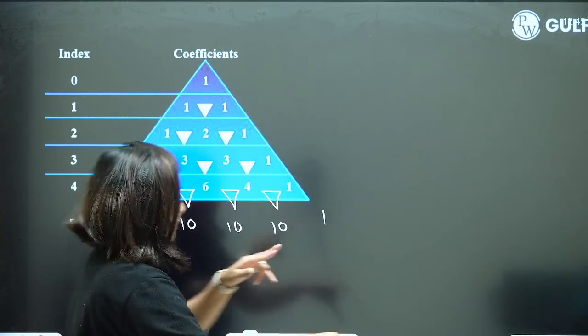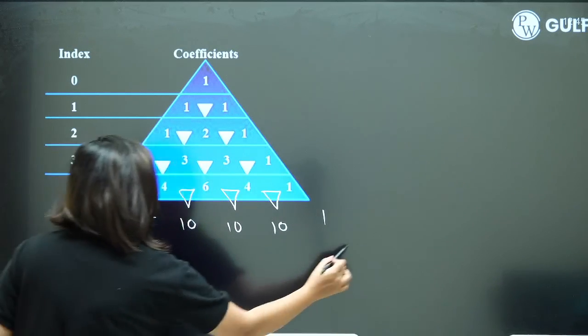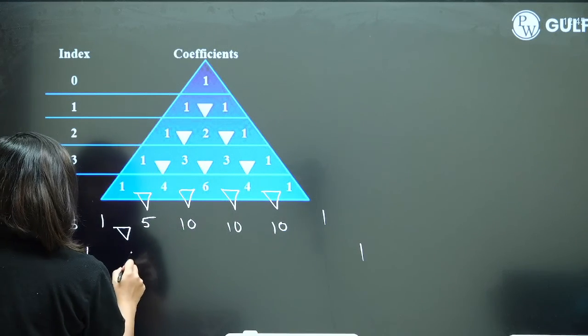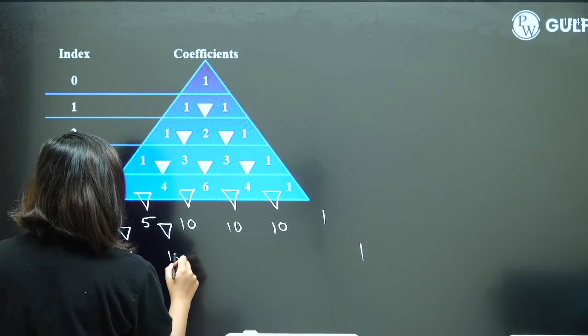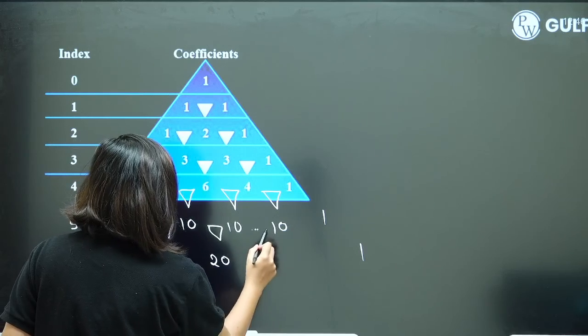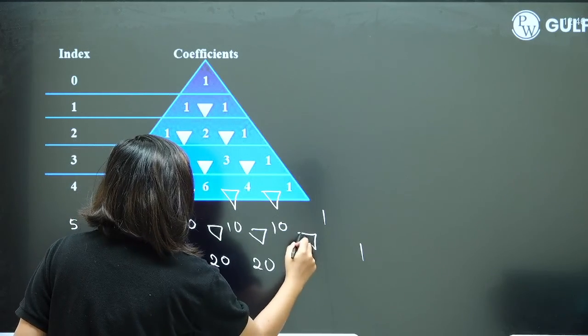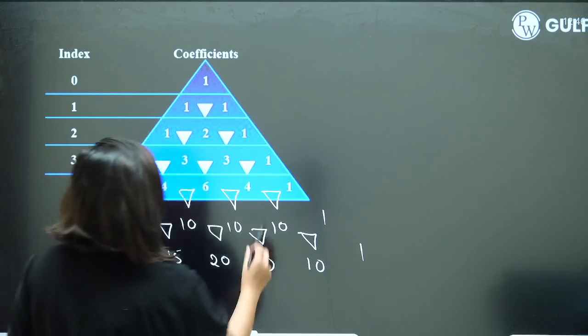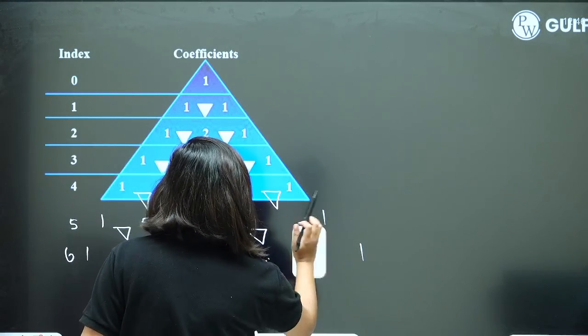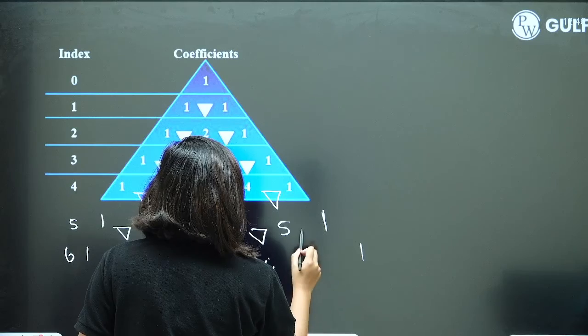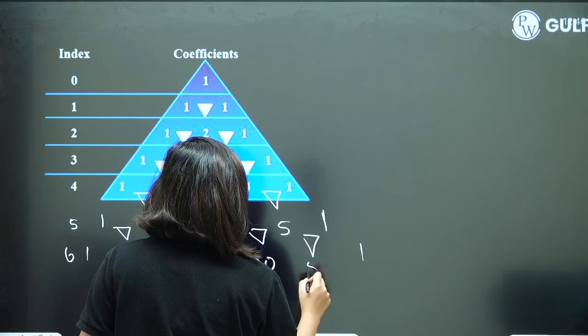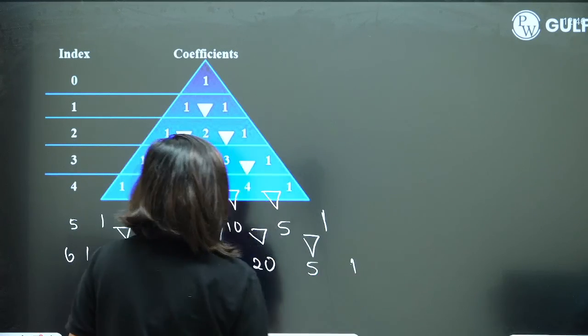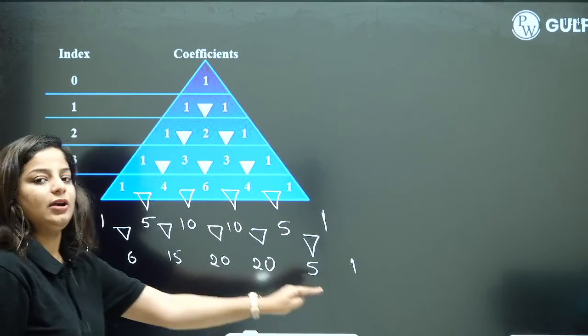If I want the coefficients for index 6, I'll again put starting and ending 1 and then 6, 15, 20, 15, 6 and 1. How did 10 come? 4 plus 1, 5 will come here. Here this is 5, right? 5 plus 1, 6, and then here 1. Starting and ending 1, and I'm getting all the coefficients.